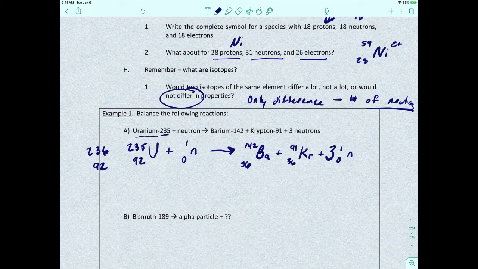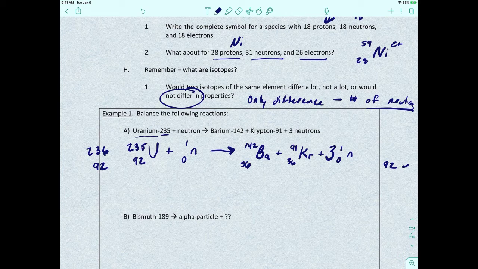So that's what we have for the total atomic number on the left-hand side. What that means is that on the right-hand side, everything's got to balance to that. So for the atomic number on the right-hand side, you've got 56 plus 36, which is 92. So we're good on that.